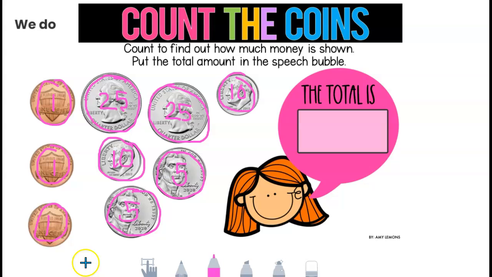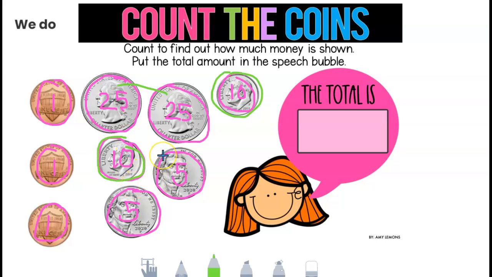All right, it's time to count. Let's see, I'm going to grab a different color here. So, which coins will we start with? Which ones are worth the most? Did you say quarters? You're right. So 2 quarters makes 50 cents. Then we're going to move on to the dimes, and we're going to count by tens from 50. So 50, 60, 70.